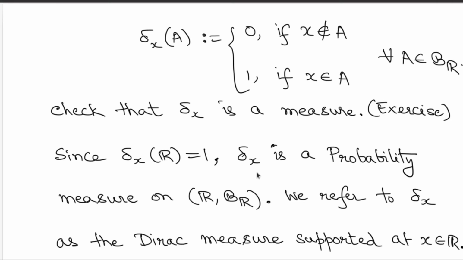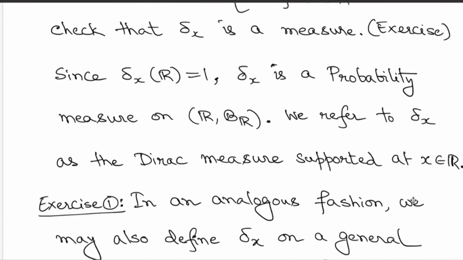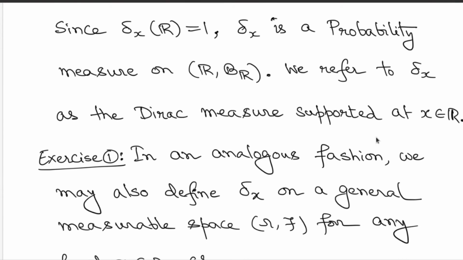As soon as a measure has the property that the measure of the whole set is 1, it automatically becomes a probability measure as per our definition earlier. So you have a very nice example of a probability measure on the real line. We are going to refer to this measure as the Dirac measure supported at the point small x, Dirac subscript x or delta subscript x.